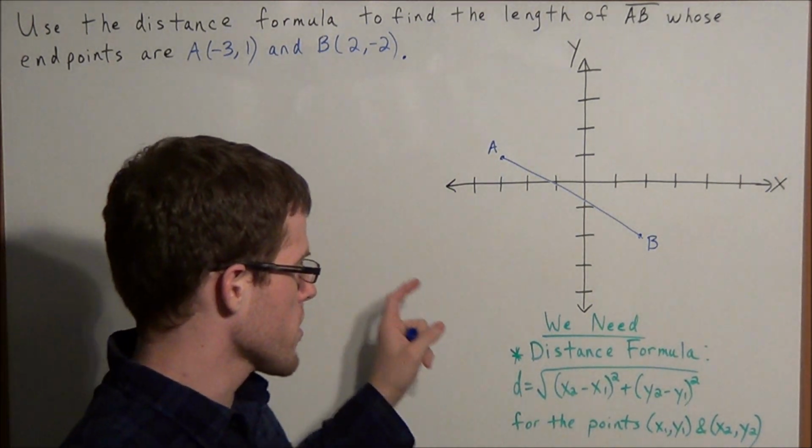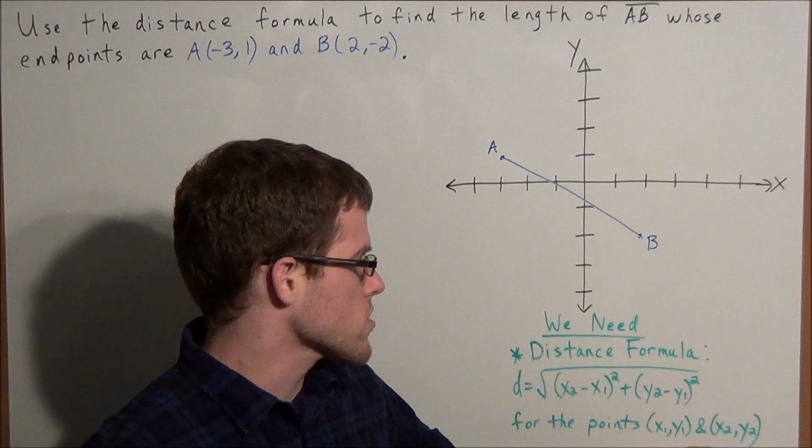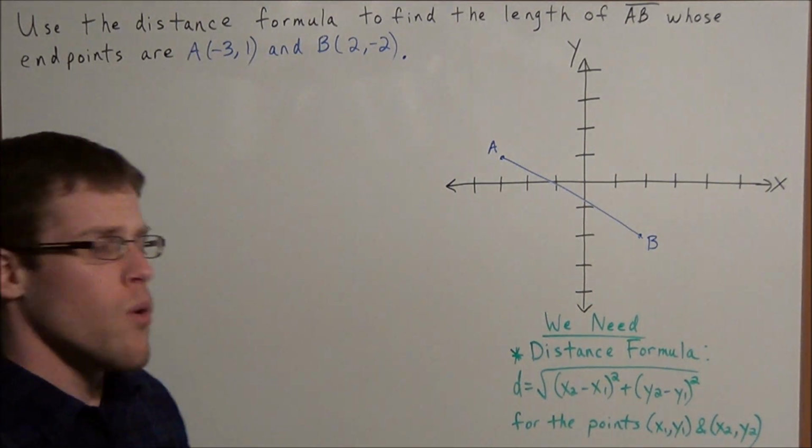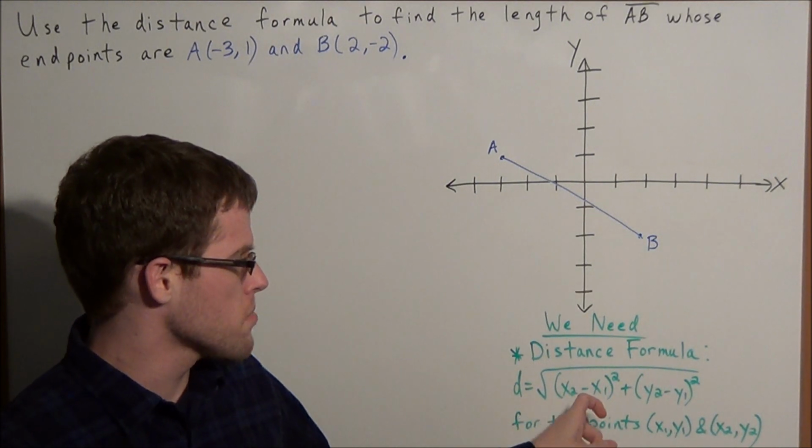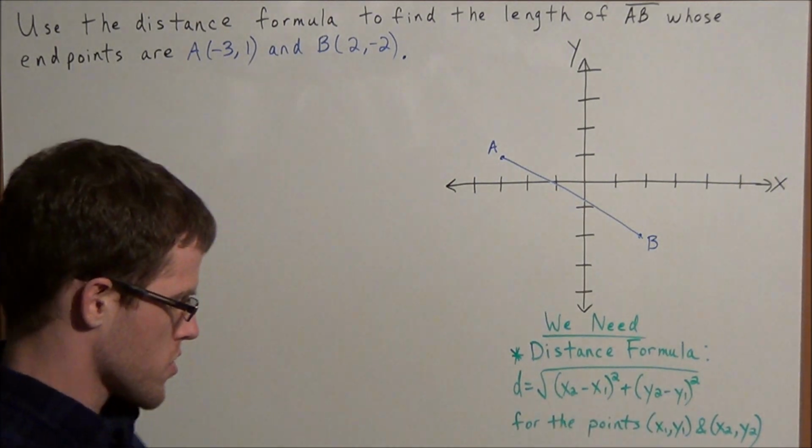When we have two points, (x1, y1) and (x2, y2), we could use the formula D equals the square root of (x2 minus x1) squared plus (y2 minus y1) squared.